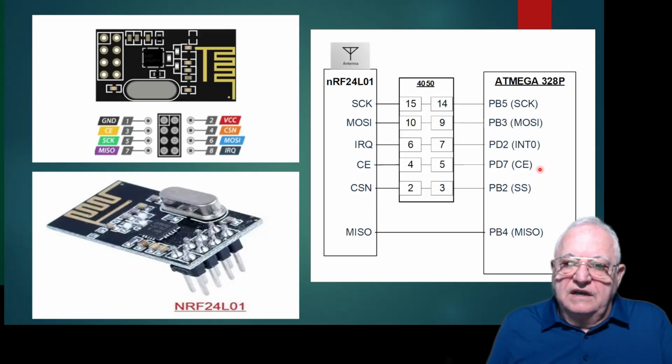We have the chip enable and chip select. Now the MISO is going to be hooked up directly because this is one direction. The MISO sends data to the controller, and anything that the controller replies or sends back is going to go to the MOSI through this chip.